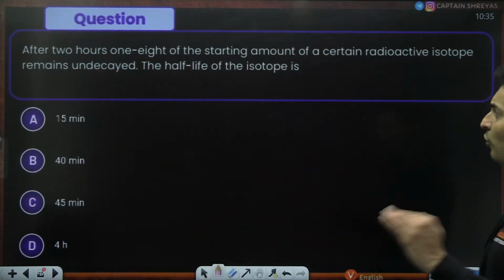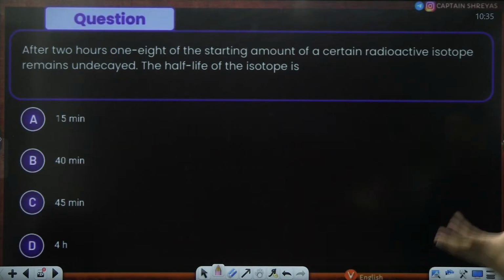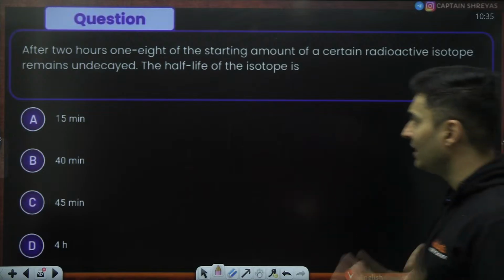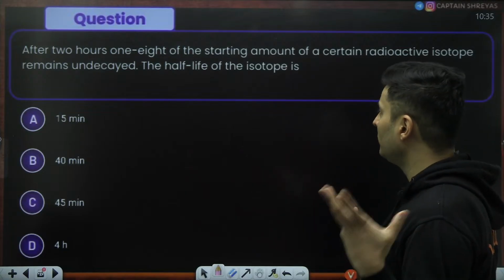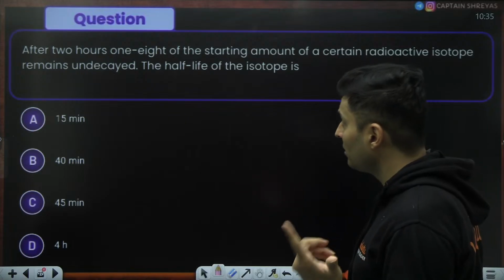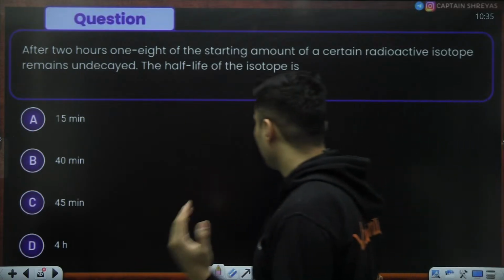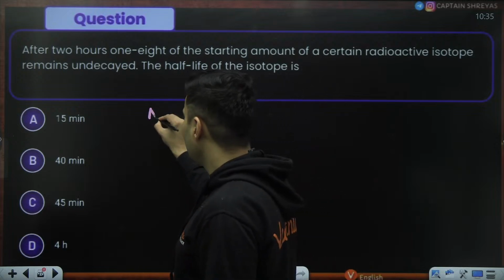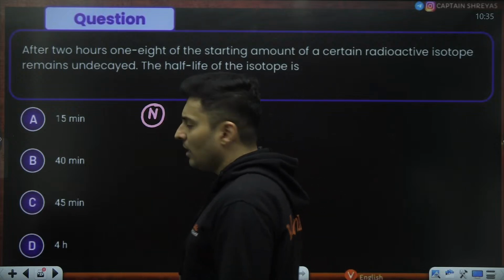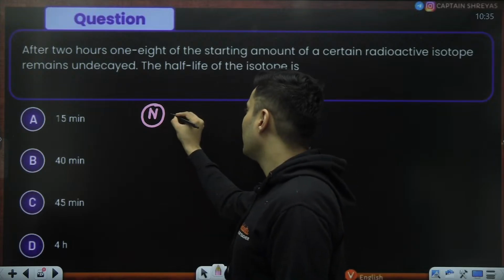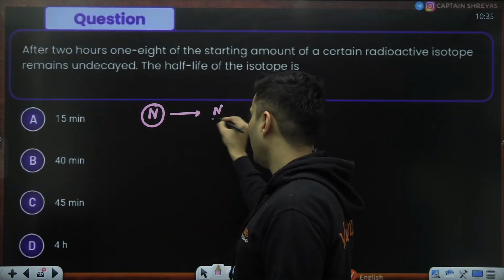After 2 hours, 1/8 of the starting amount of a certain radioactive isotope remains undecayed. The half-life of the isotope is? Say for example, initially N was the amount of the sample. After one half-life, it will become N by 2.